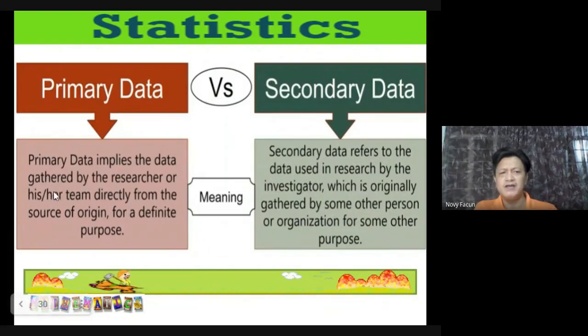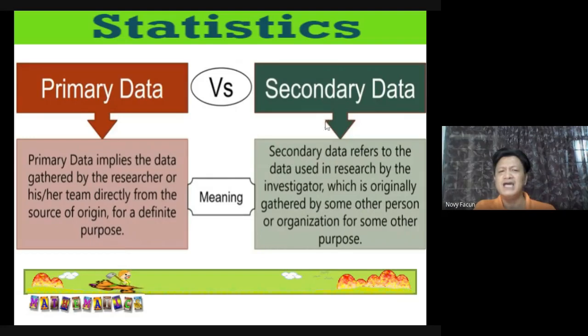So pag sinabing primary data, implies the data gathered by the researcher or his or her team directly from the source of origin for a definite purpose. Okay. So sa secondary data naman, data refers to the data used in research, kumbaga naggamit na siya by the investigator which originally gathered by some other person or organization for some other purpose.